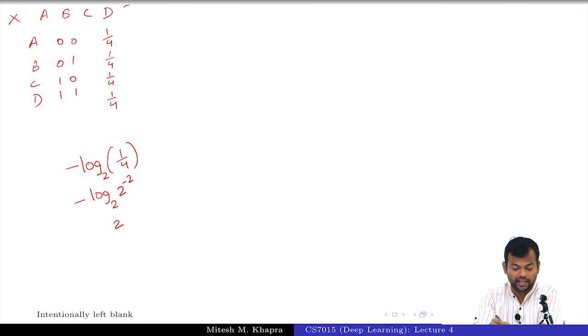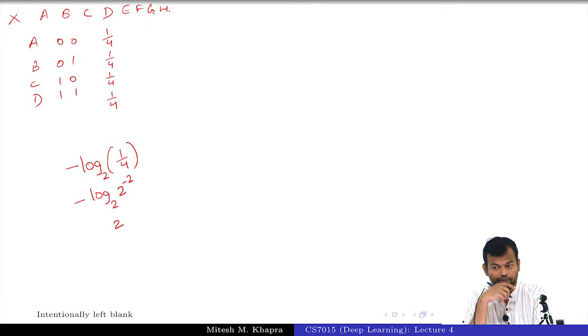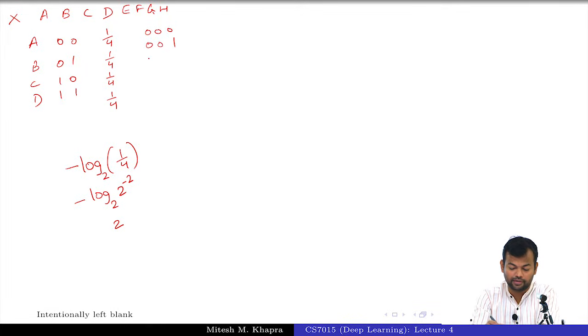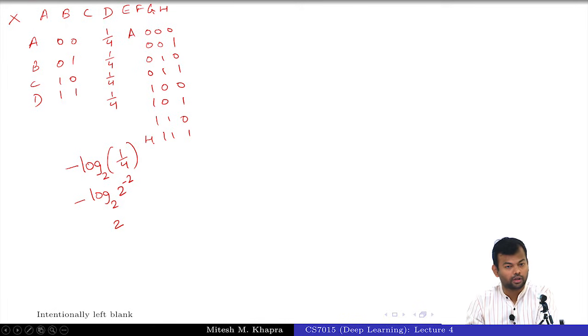Suppose this could take 8 values. How many bits would you use? 3 bits, right? So you'll have 0 0 0, 0 0 1, and so on, and this would be A to H. Now what are you actually assuming here?